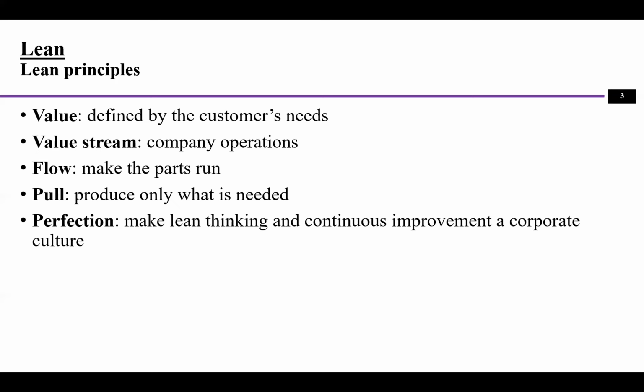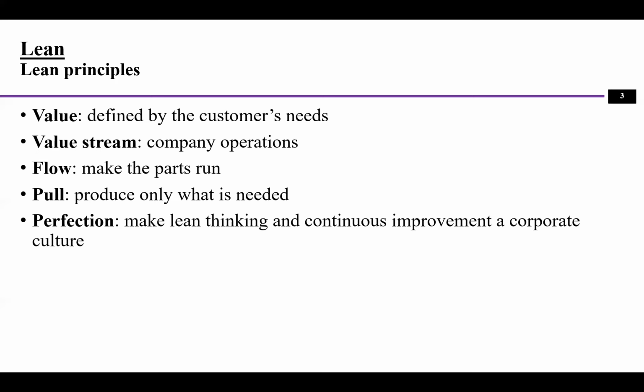If you let the parts sit on the shop floor without moving during the week, maybe you can only make one part over the week, and the profit you can generate is also minimal. That's why we want the parts to flow instead of sitting on the shop floor or stacking a lot of inventory. That's what flow means.